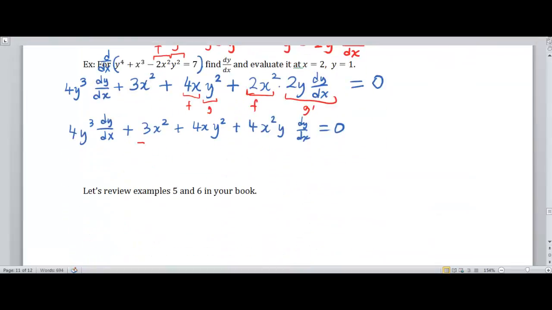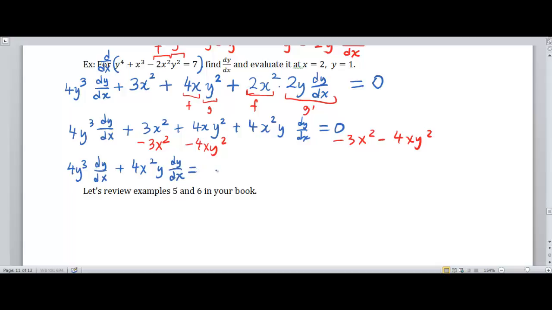So let me subtract 3x squared and 4xy squared from both sides. Okay. And then on the left side I'm left with 4y cubed dy/dx plus 4x squared y dy/dx equals minus 3x squared minus 4xy squared.